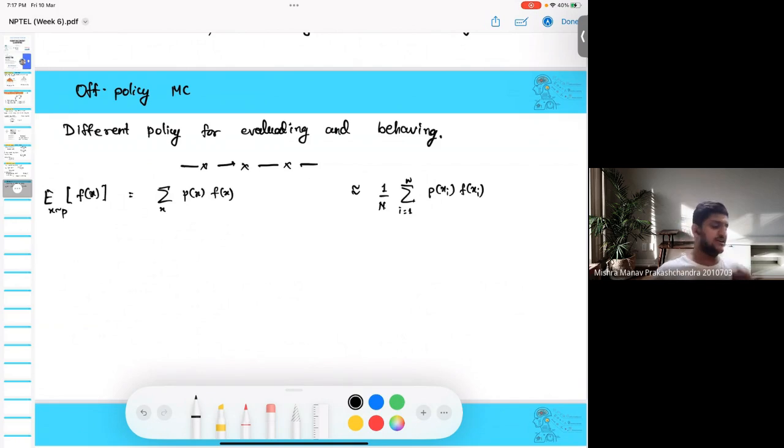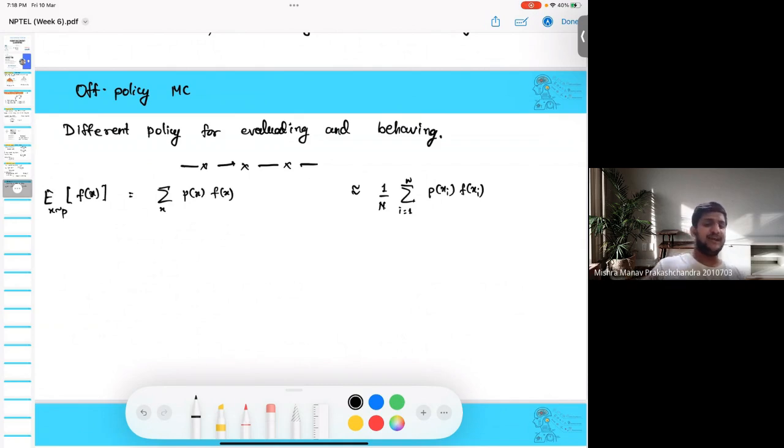Now it turns out that in some cases it might be very difficult to sample trajectories. So here, let's say xi is the trajectory. Sometimes it might become very difficult to sample random variables from a probability distribution p. It turns out you have some other simpler kind of probability distribution, and you would like to sample from that.